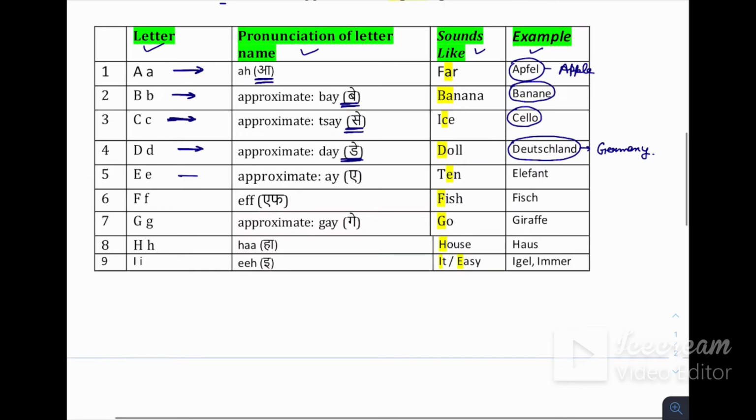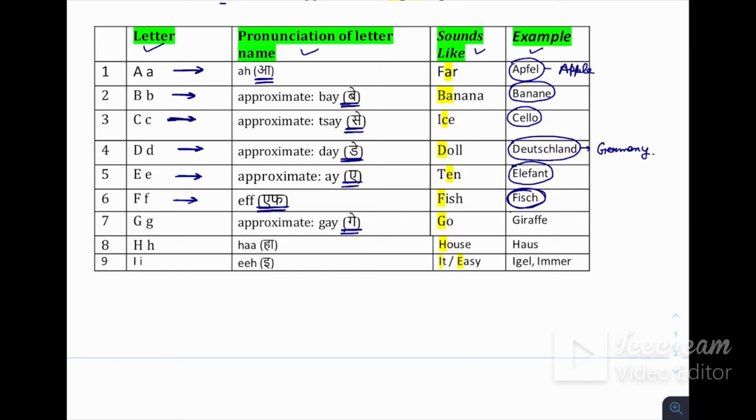E is A, as in Elefant, which means elephant. F is F, like Fisch, fish. G is gay.